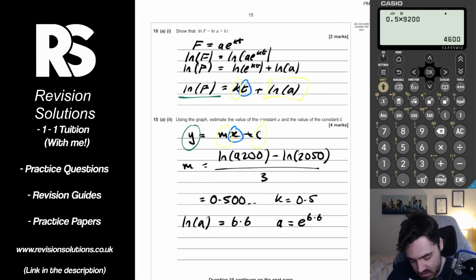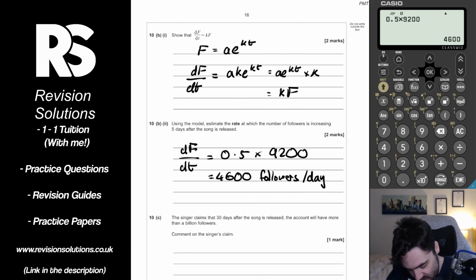So I'd say that's a bad claim to make. It's extrapolating well beyond the range of data she has. Sorry, bad claim. Extrapolating far beyond data set.